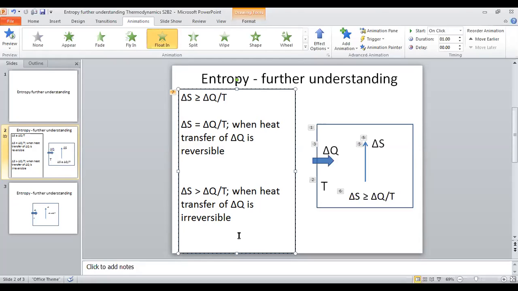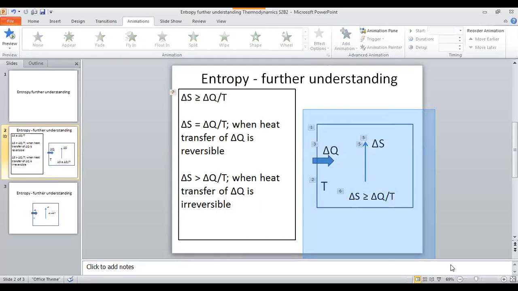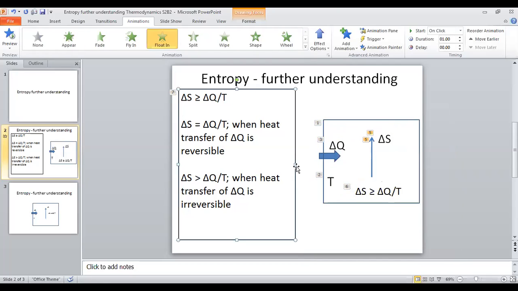When it is irreversible, delta S is more than delta Q by T. I hope you got a little bit of a clue on this.